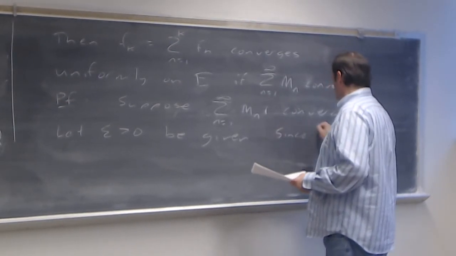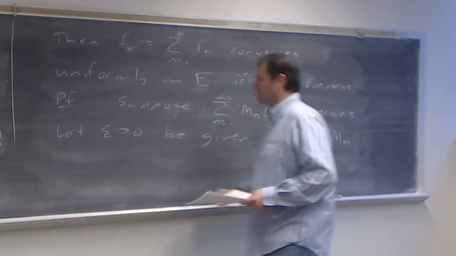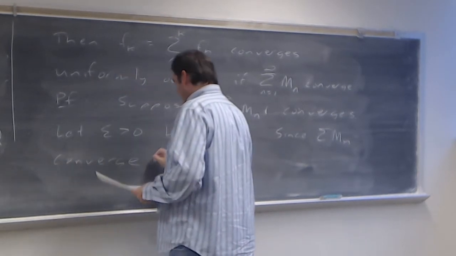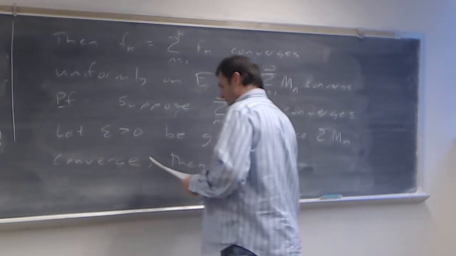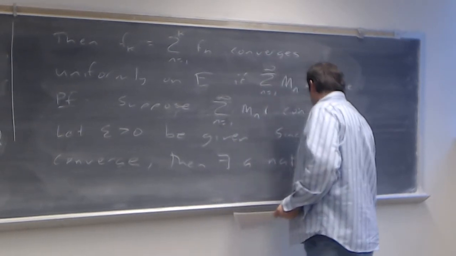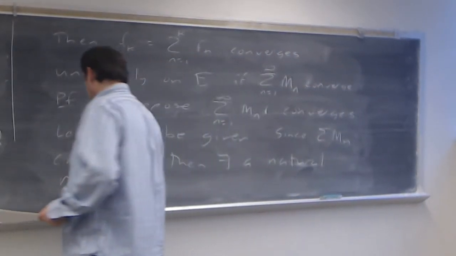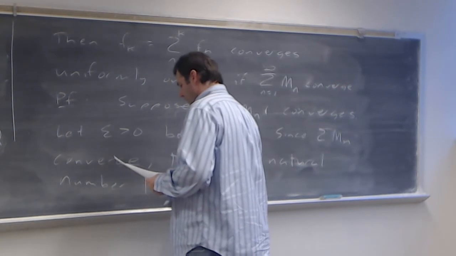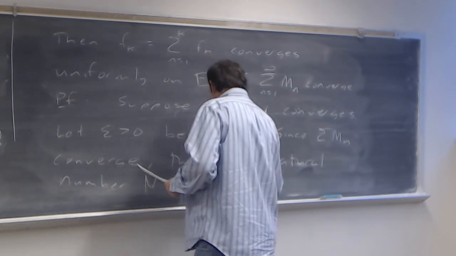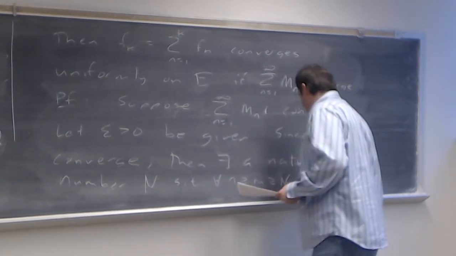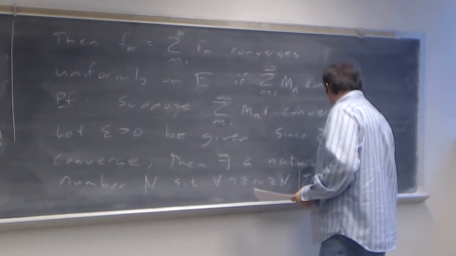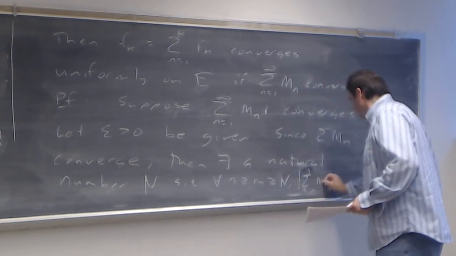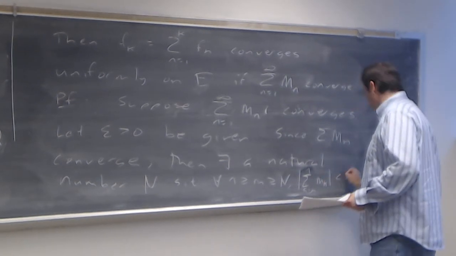Since the sum of the m sub n's converges, then there exists a natural number big N such that for all n bigger than or equal to m, bigger than or equal to big N, the sum, k running from m up to n, of m sub k will be less than epsilon.